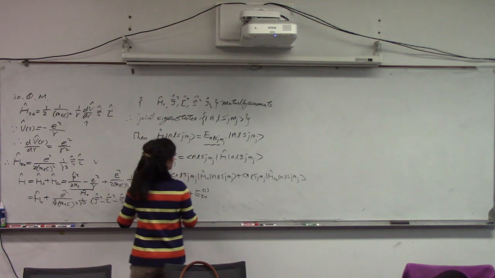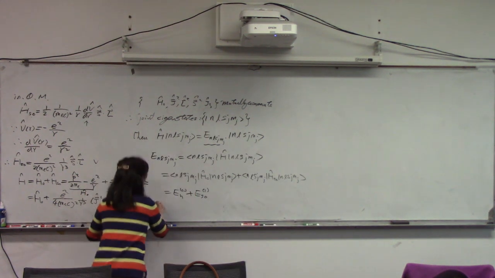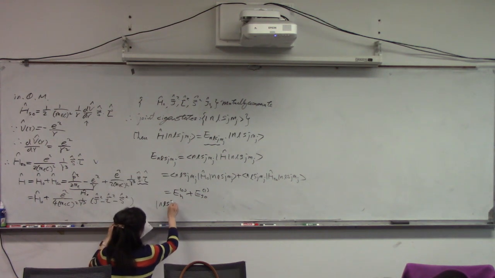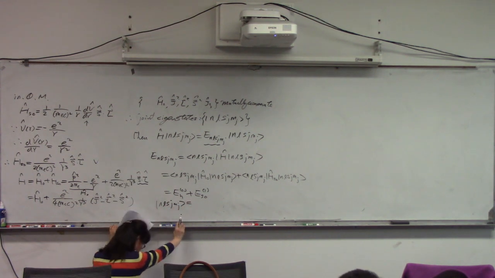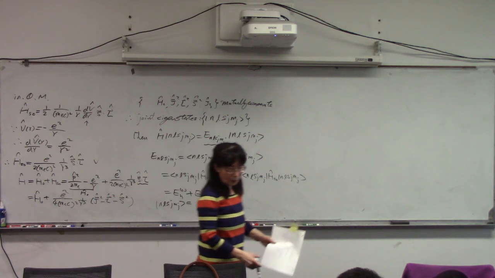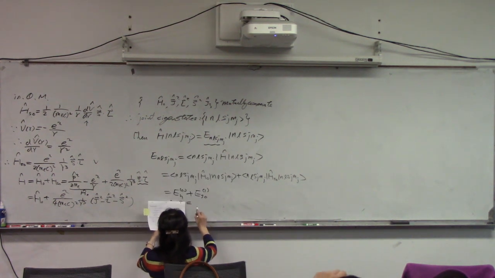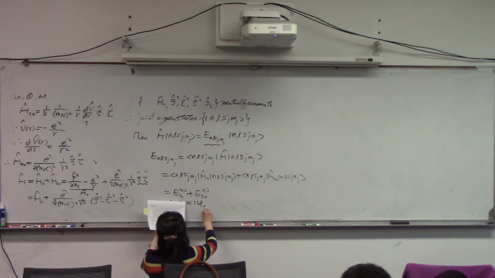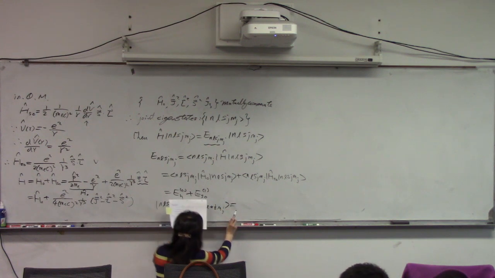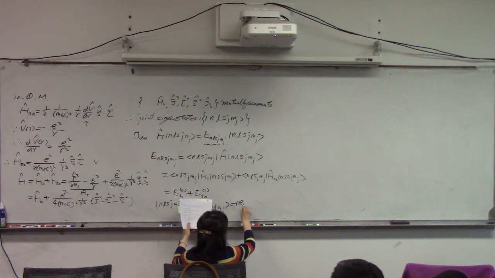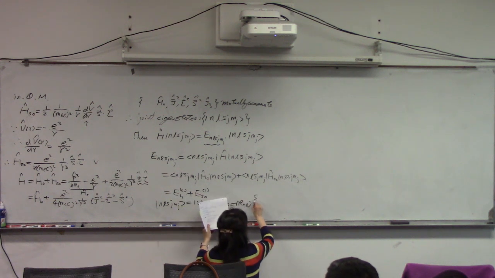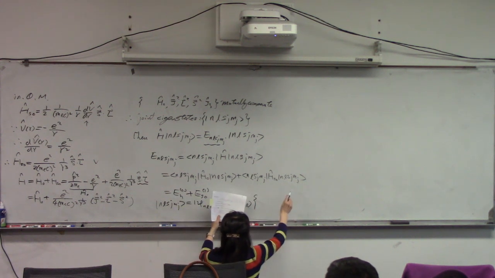Since I know the joint eigenstate from chapter 7, yes, chapter 7, if you remember, that is psi n l plus minus half and m_j, which is the radial part R_nl, and then the spin and the orbital part. So these are two terms.